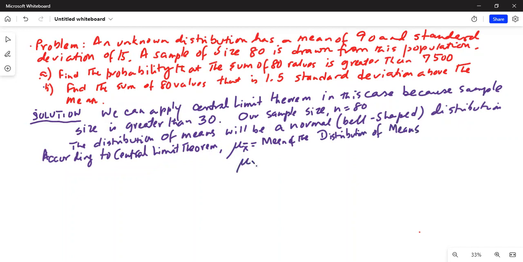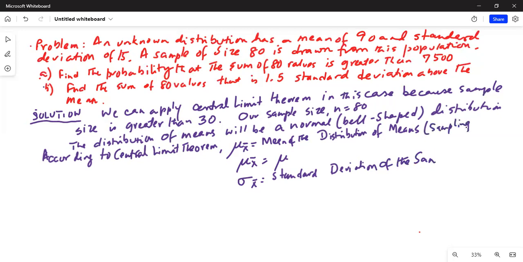The distribution of means is called the sampling distribution, by the way, which is the probability distribution of means. The standard deviation of the sampling distribution is sigma x bar.